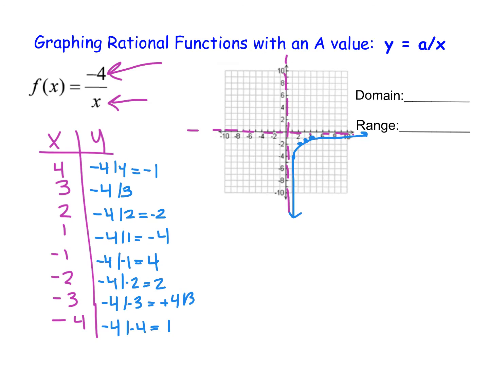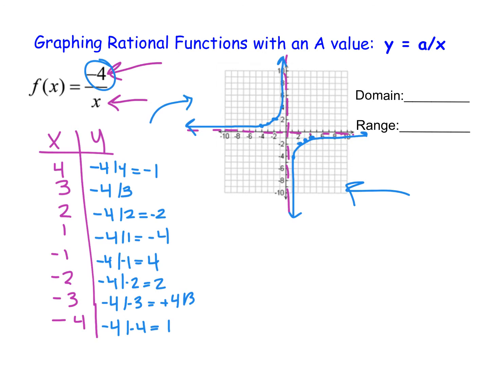So if we do x is negative 4, y is positive 1, then we have this one a little higher, this one at 2, and this one at 4. I can also see that same general hyperbola shape. So that negative actually causes a reflection over the axis there, and we can see that we end up in quadrant 2, and we end up down here in quadrant 4.